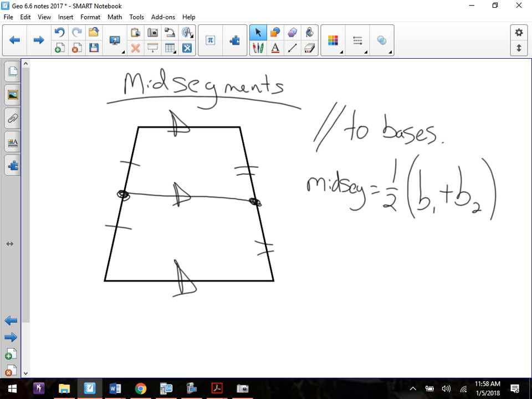Whenever we wrote stuff out like that, if we said that the midsegment is half the sum of the bases, instead of taking half of something, what do we do with that half to move it to the other side? If you divide by a half, then you're multiplying by its reciprocal. The other way of writing that out would be if you double the midsegment, it equals the sum of the bases.